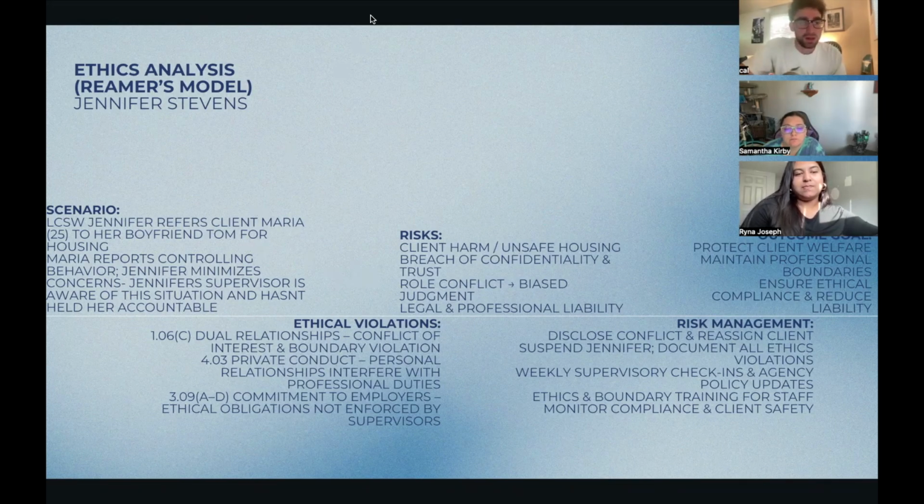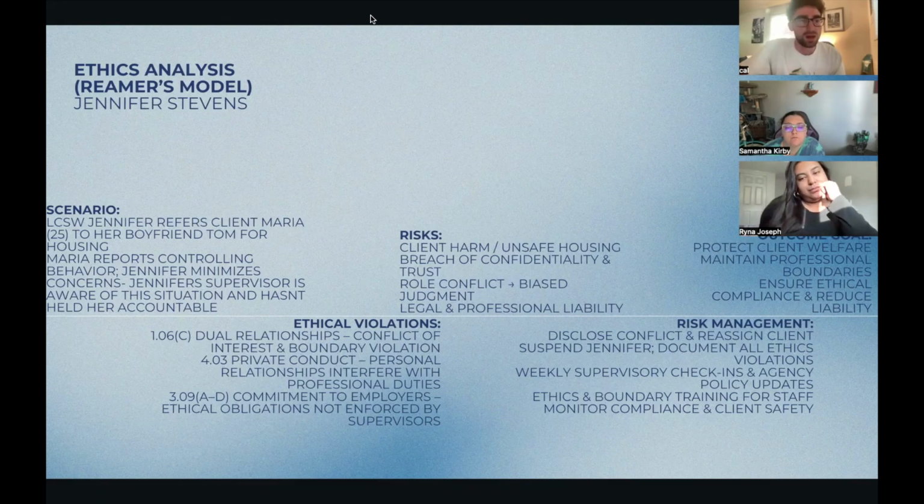Here, there are multiple standards being directly violated. First, we have 1.06C, dual relationships. Her dual relationship with Tom is creating a conflict of interest, and it's clearly a violation of proper boundaries, having your boyfriend rent out to your client. Next, we have 4.03, which is private conduct. Personal relationships should never interfere with professional duties.